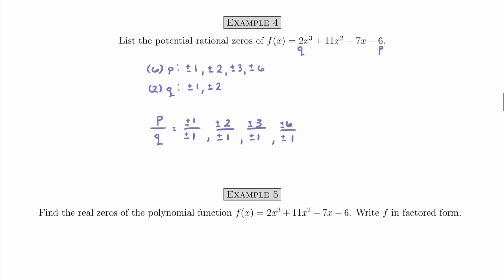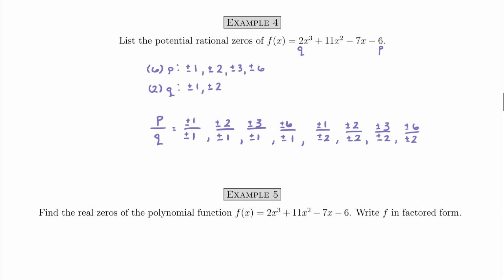And once we've exhausted all the combinations with the first value in q, we'll jump up to the next value in q, which is 2. So we start all over again. And the last step is to reduce all of these to simplest terms.